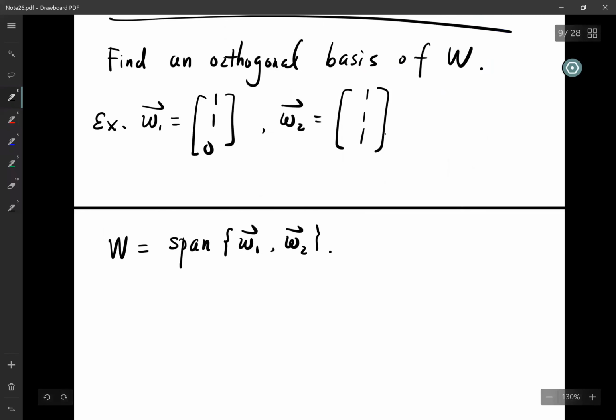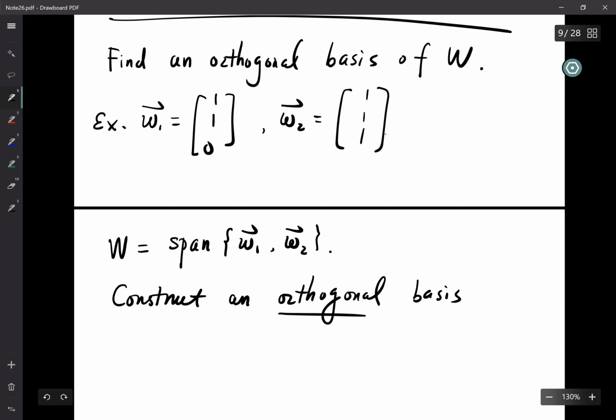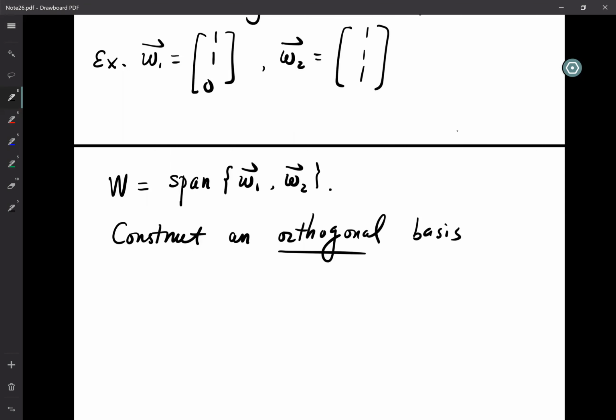I want to construct an orthogonal basis. How do I do that? Let me give this basis a name: W1 tilde, W2 tilde.